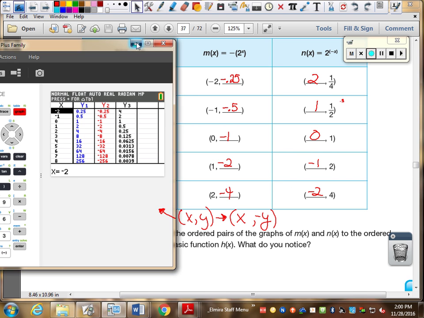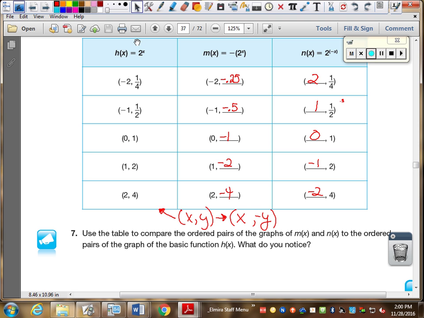So when we are doing a reflection, let's go back and write what these are. If we're negating the whole function, that's a reflection over the x-axis, or we could also say it's reflecting over y equals 0.